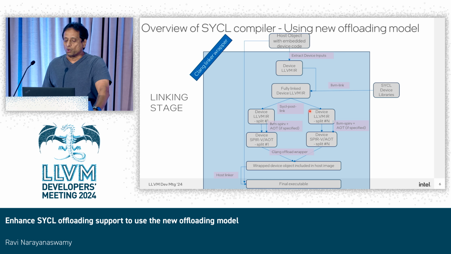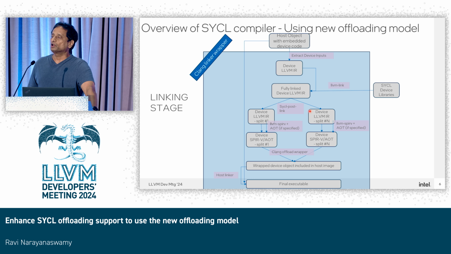Now we have a host image, a .o file with the device image contained in it, and then we invoke the host linker to link in the host code and the device code and create a single final binary.